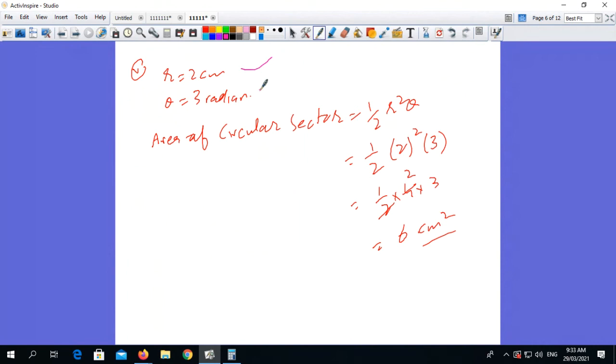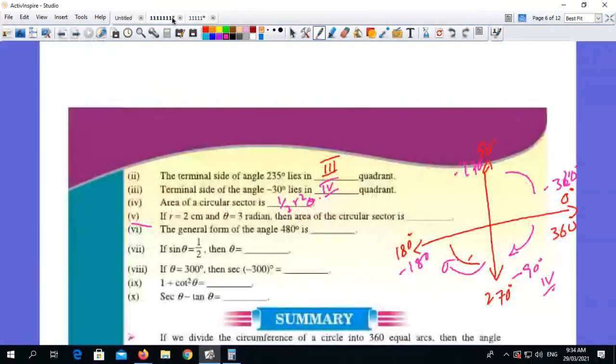R equals 2 centimeters, theta is equal to 3 radians, and area of circular sector equals 1 by 2 r square theta. Replace the value of r equals 2, square of 2 is 4, 2 cancels with 4, we have 2, 2 multiplied by 3 gives 6 centimeter square, because the unit of area is square of the unit. Here we have radius in centimeters, so the answer is 6 centimeter square. Is it clear to everyone?